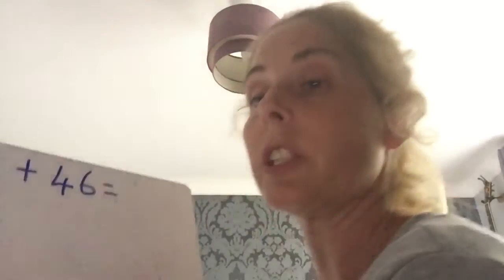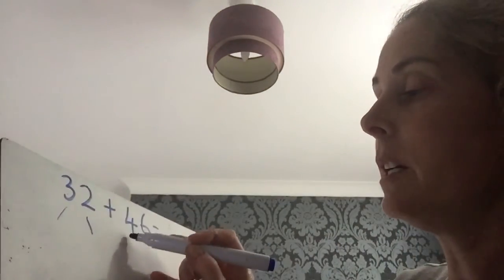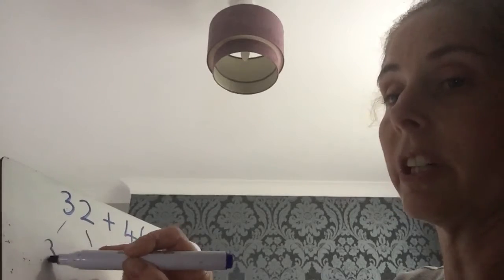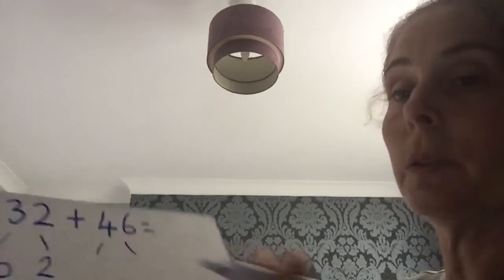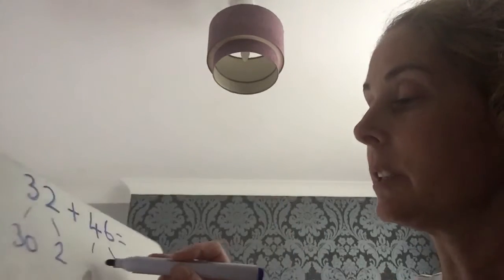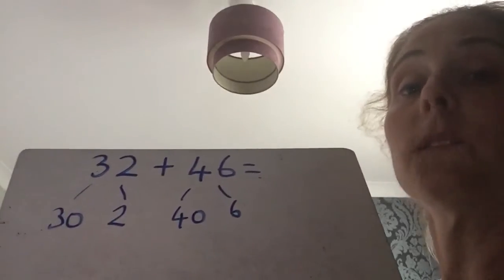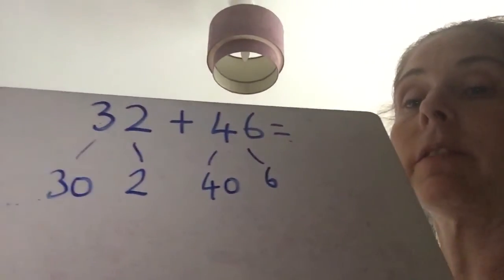So first thing we do is we partition the 2-digit numbers. Okay, so this one, remember, partitions into 30 and 2 because it's 32. 30 and a 2. This one partitions into 40 and 6. 40 and a 6. Okay, now remember, we add the tens first.